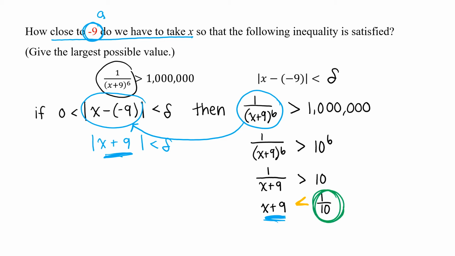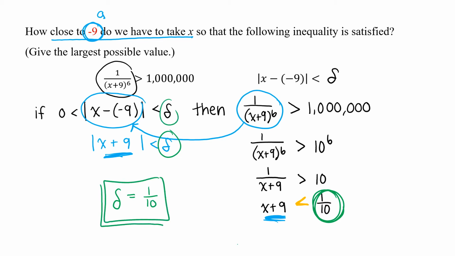So we're going to guess that delta is equal to 1 over 10. So we have to be within 1 over 10 away from negative 9 in order to guarantee that this 1 over x plus 9 to the 6th is greater than 1 million.